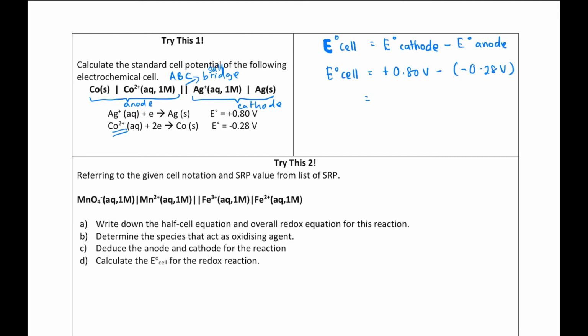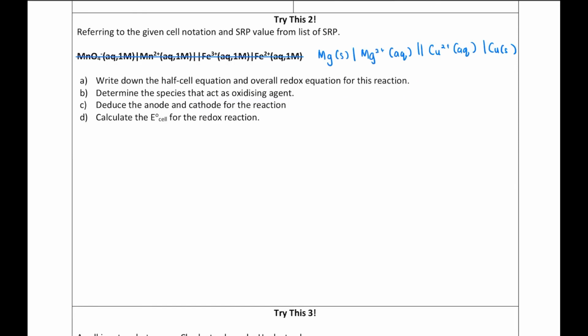Okay, so over here minus, so dia akan jadi plus lah kan. So kita expect jawapan kita positif. Okay, so my answer is positive 1.08 volt. Okay, so that is E naught cell. Done. Okay, so next try this two.